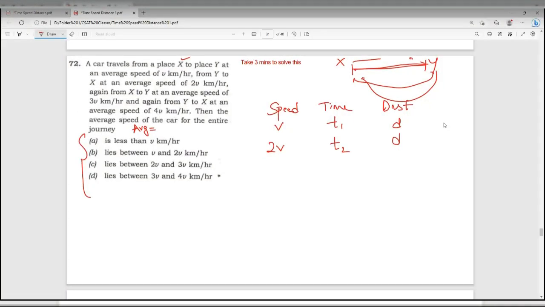The distance is the same. Then again from X to Y, it is moving at 3V. Let that be t3. The distance is the same. And then again from Y to X, it is moving at 4V km per hour. Let that be t4, and the distance is the same.